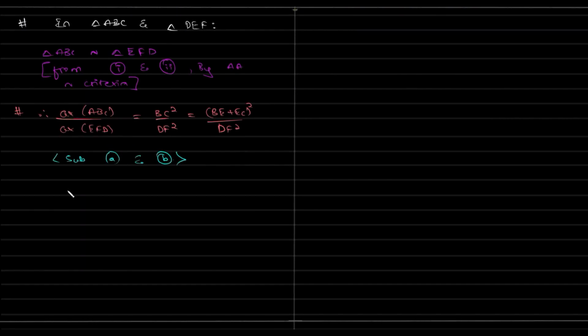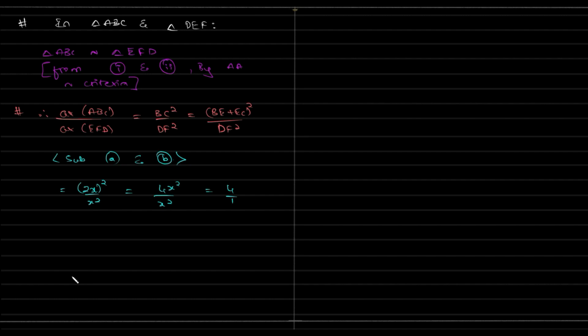This entire length is 2X, so 2X the whole square by X square. So this is 4X square by X square. X square gets cancelled. So this is 4:1, and that's our answer.